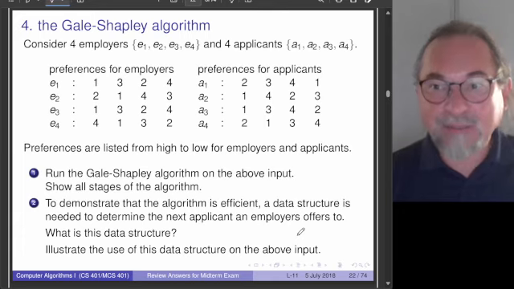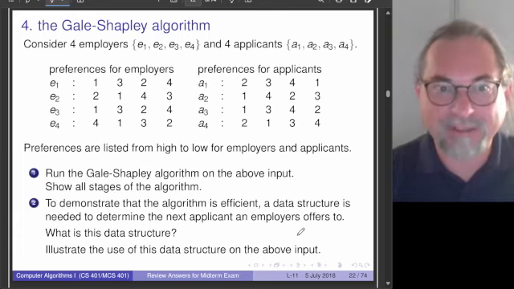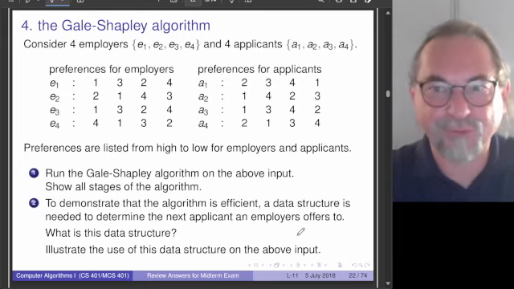Also, the applicants have a strict ordering for their employers. First applicant prefers employer 2 over employer 3 over employer 4 and does not really like employer 1 at all. That's the least preferred employer.